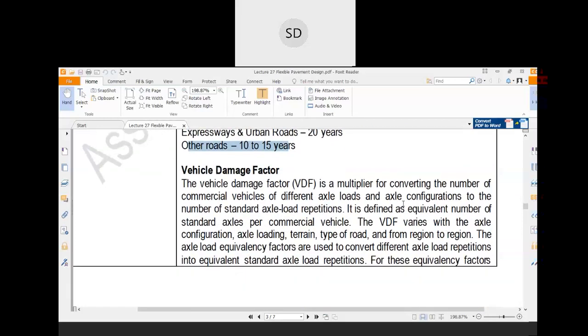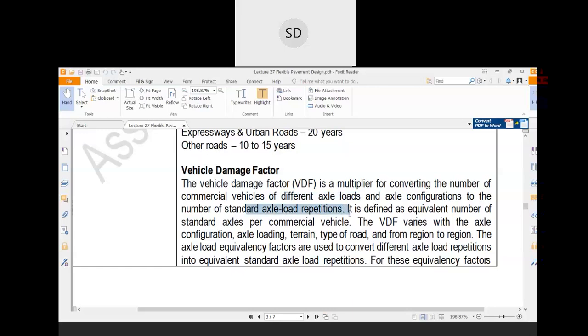Now, another important term is vehicle damage factor. It is very important. Vehicle damage factor is a multiplier for converting the number of commercial vehicles of different axle loads and axle configuration to the number of standard axle load repetitions. So basically that is equivalent to the PCU in case of your pavement design.